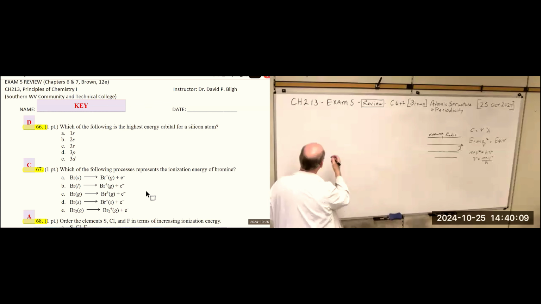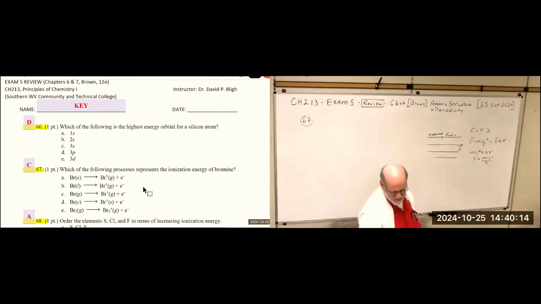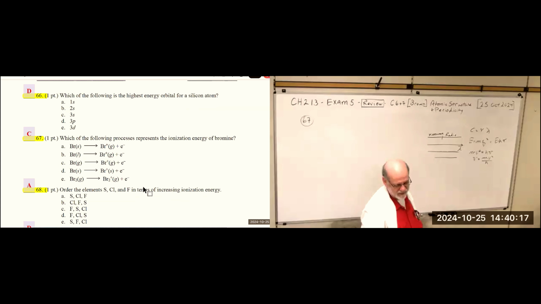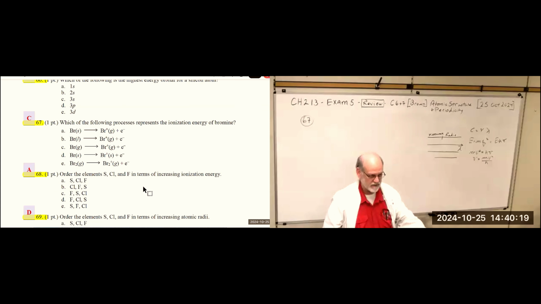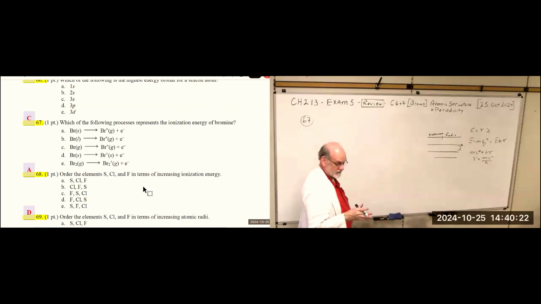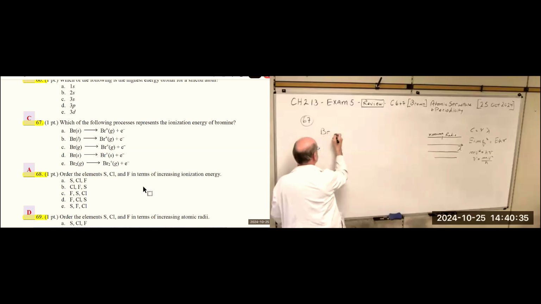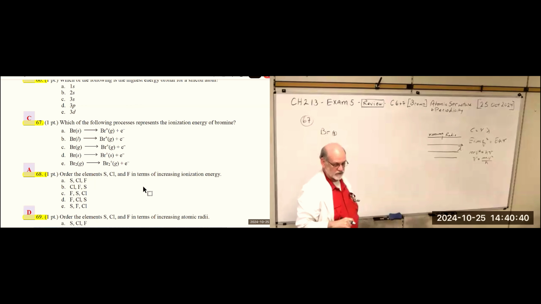Let's see, 67. Which of the following represents the ionization energy of bromine? Remember how to write ionization energy. You start with a neutral atom. If it happens to be diatomic, like oxygen or nitrogen, you have to split them apart. You have to get the atom in gaseous form, because you don't want to measure the energy required to turn it from a liquid to a gas.